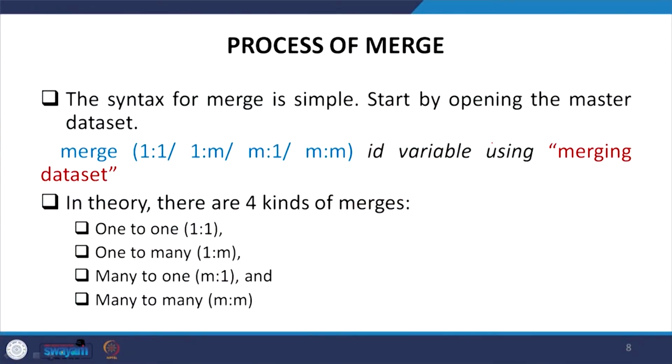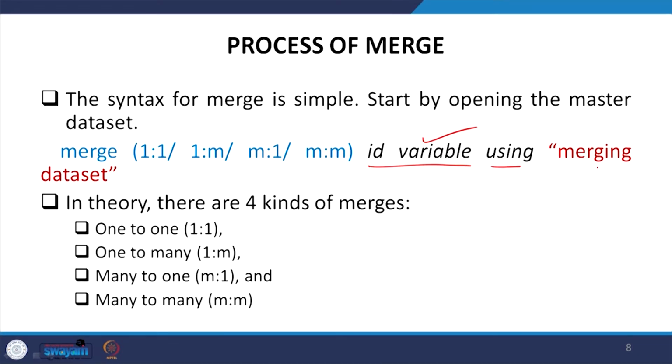Then you give the ID variable here, that is very important. Then using file, as usual, the file you are going to merge, okay. It is not like append. So, the using file has to contain other information, not the variables or the observations, okay. Now, I will guide you how to do that.